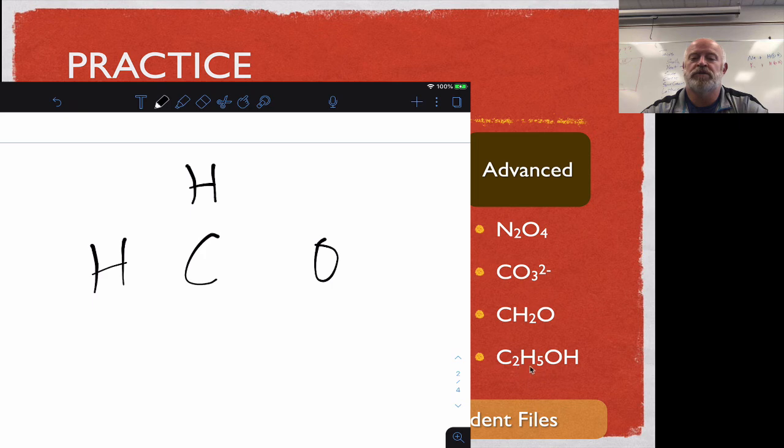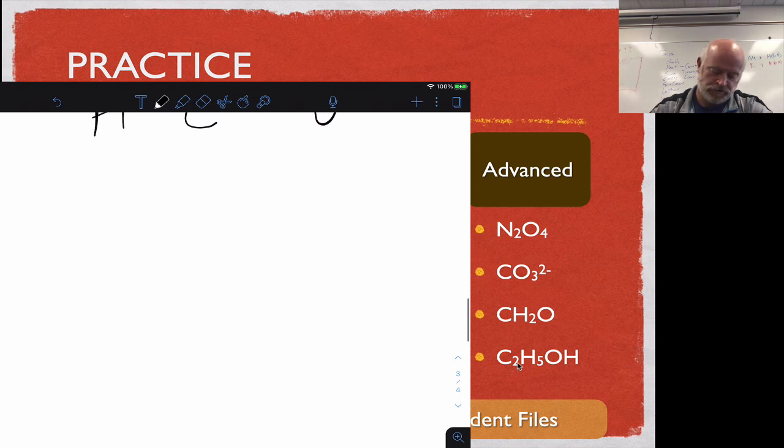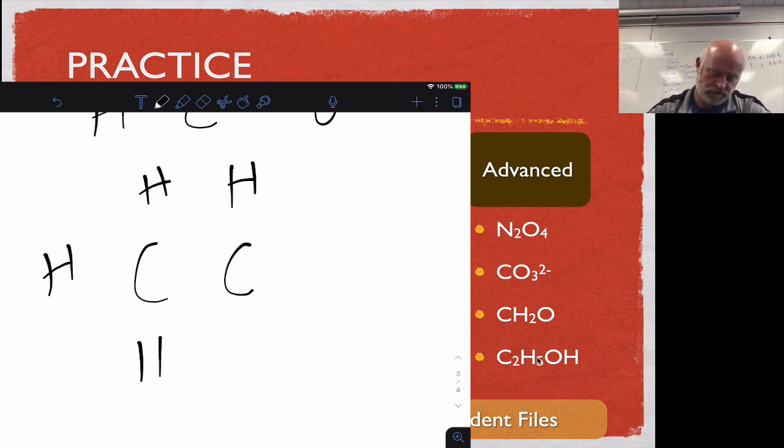Same thing down here with our C2H5OH, okay? We see carbon in the middle, but there's 2 of them. So I would start by putting 2 carbons in the middle. You have 5 hydrogens coming off of those. So you have 1, 2, 3, 4, 5 hydrogens coming off of that. And then you have another oxygen. So that oxygen comes off of a carbon and then another hydrogen outside of that, okay?